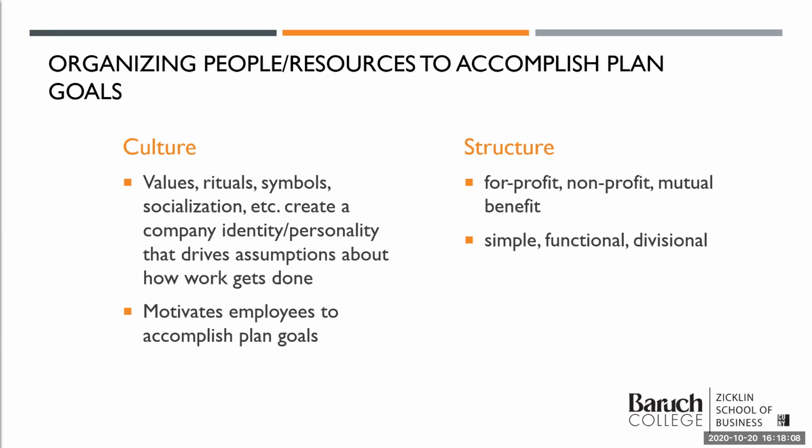In the pre-recorded lecture, I talked about structure, so the different kinds of companies that you can establish are for-profit, nonprofit, mutual benefit. And then I talked about different types of organizational structures that you can set up, such as simple structure, functional structure, and divisional structure. Divisional can be done in a lot of different ways. You can divide a company organization where you group workers according to, let's say, the type of customers that they handle, or the geographical area.